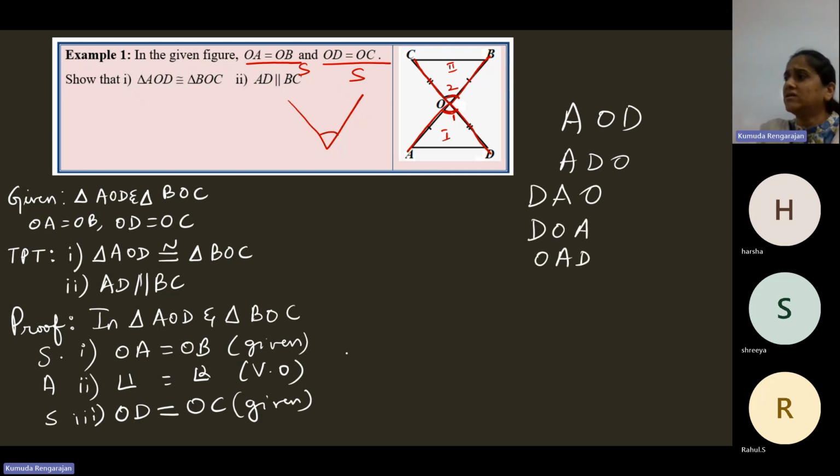So many ways, right? But you cannot write however you want. Once you show that the triangles are congruent, you must name the triangles in a specific order. The vertices must be used in a specific order. We'll understand the order now.